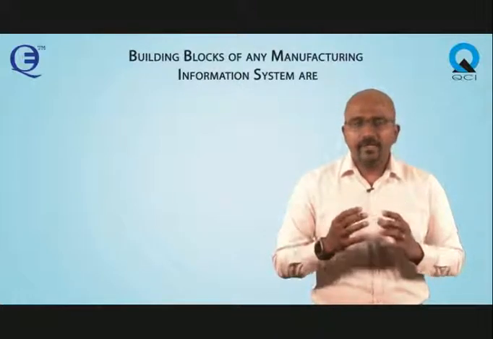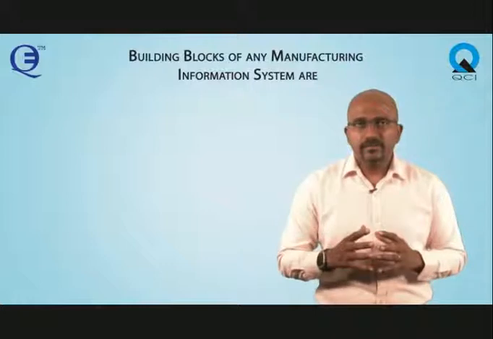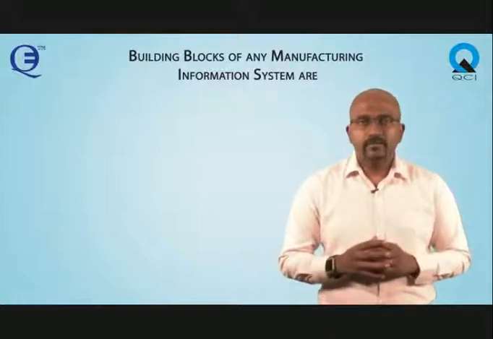So this layout is a very simple depiction of a physically complex layout in manufacturing organizations, but this is the most accurate and technically correct representation. Building blocks of any manufacturing information system are here.